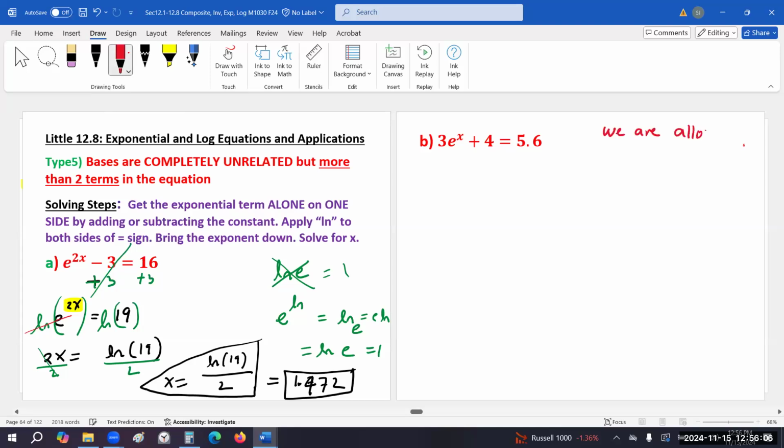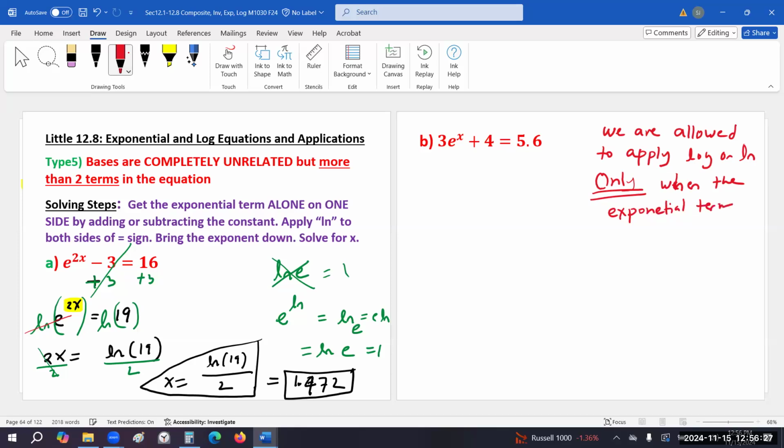We are allowed to apply log or ln only when the exponential term, which is the base with the power, is alone.